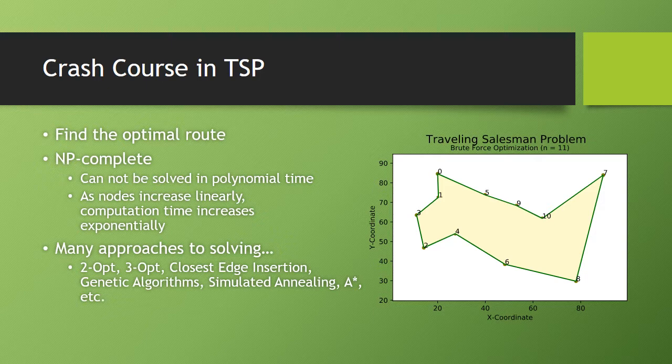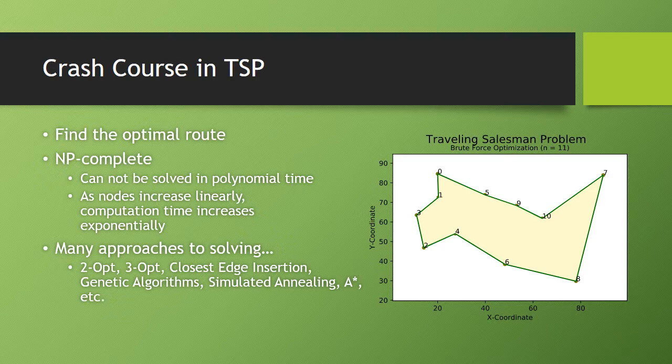It's so big that most computers can't handle it, or there's not enough time in the universe in order to compute an answer. So this means that, as the number of nodes in our problem increases linearly, the computational time increases exponentially.